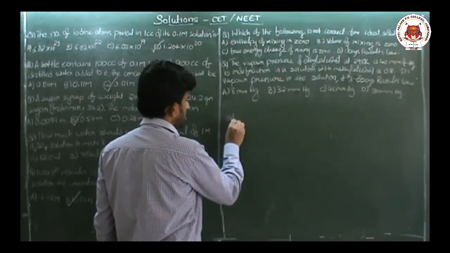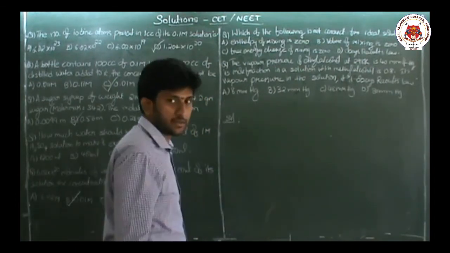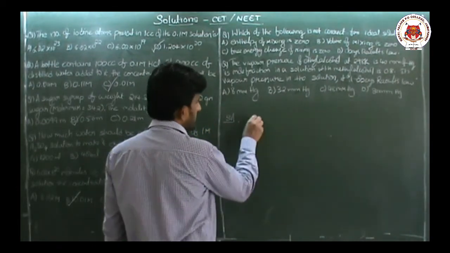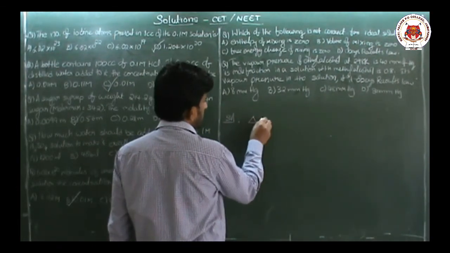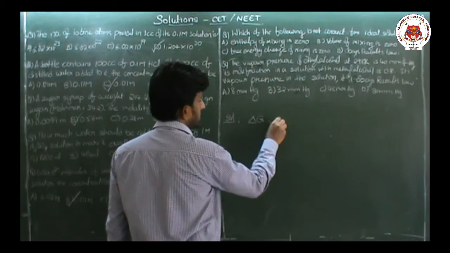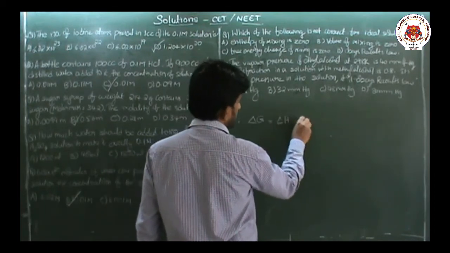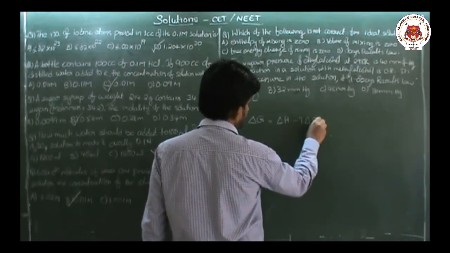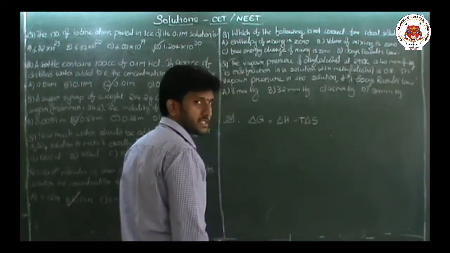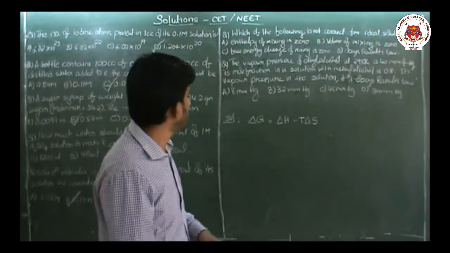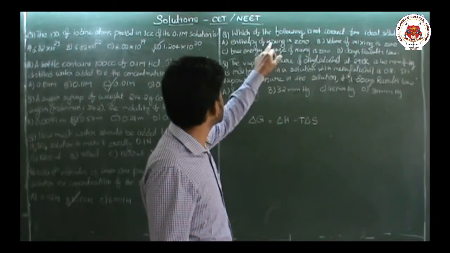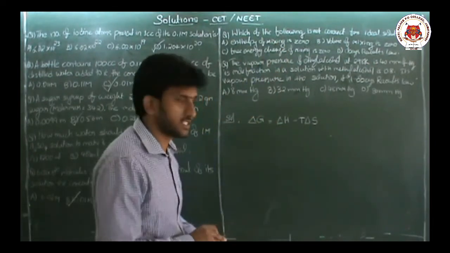Now what does free energy change of mixing 0 mean here? From the Gibbs-Helmholtz equation you studied in first year thermodynamics, delta G is equal to delta H minus T delta S. You know that delta H mix, enthalpy of mixing for ideal solution, is 0.